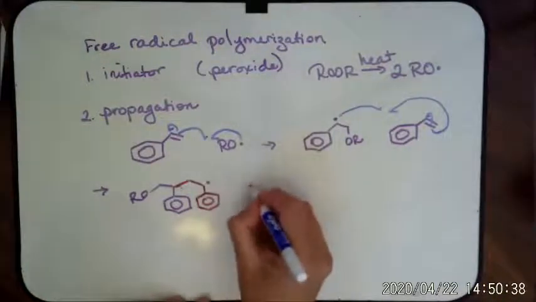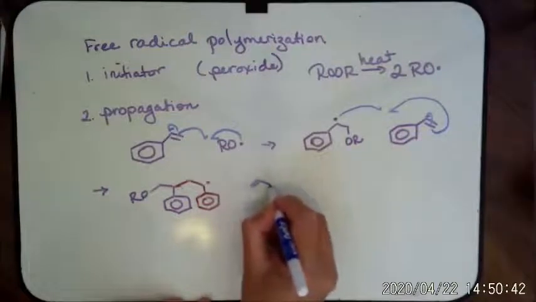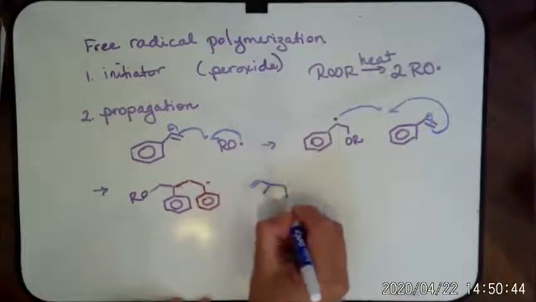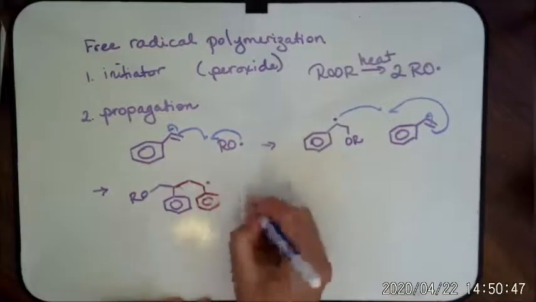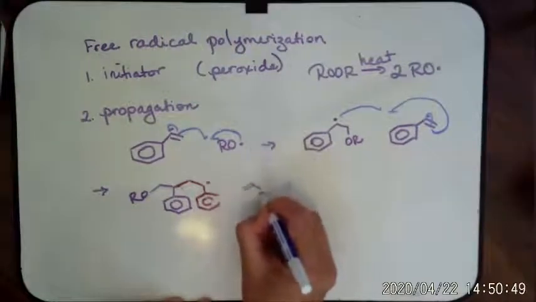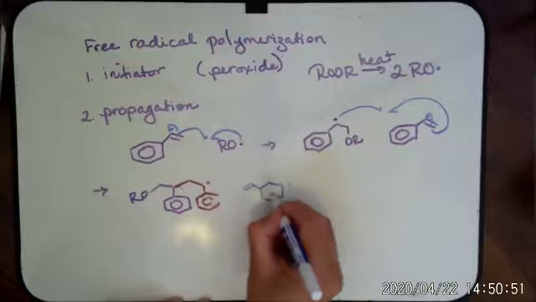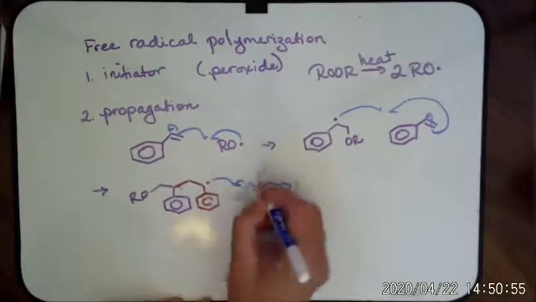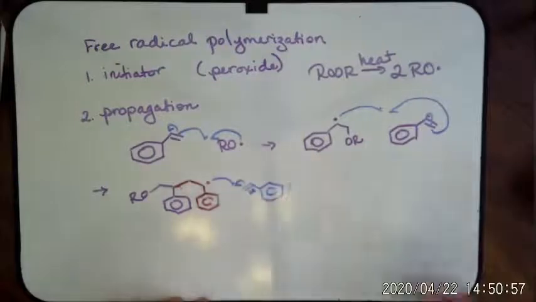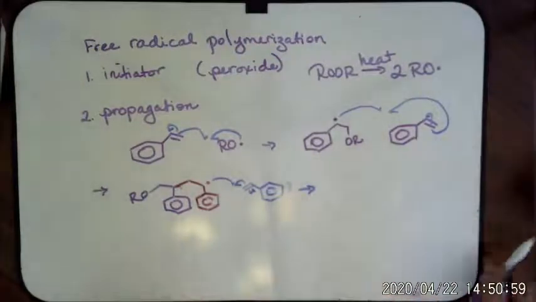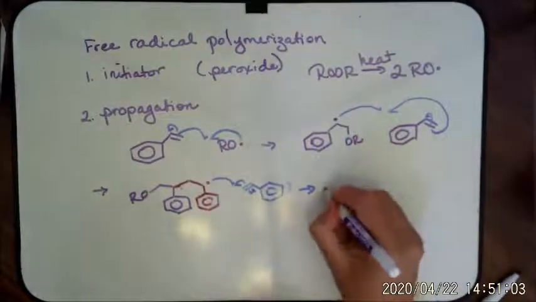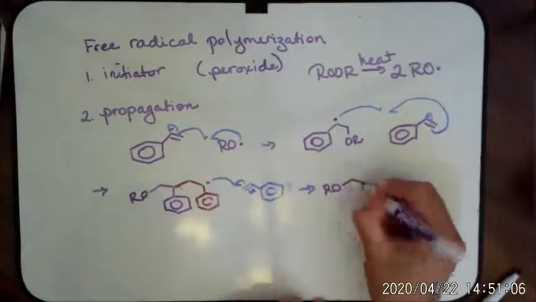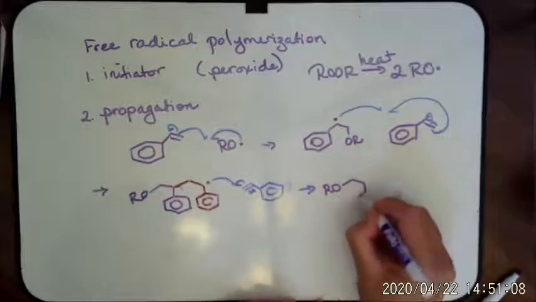So again, I'm going to just draw this in reverse. I apologize. I don't even like my drawing here. Okay, this forms a bond here, forms a radical there, and now I have my initiator and my first.